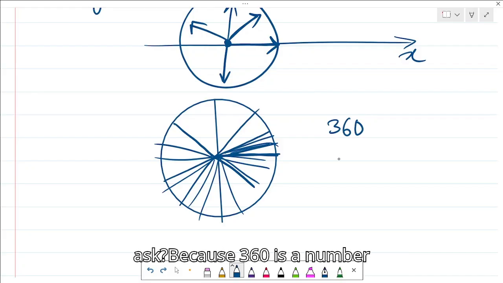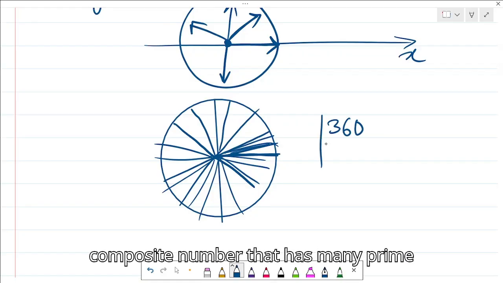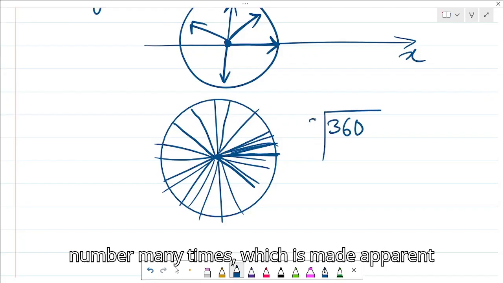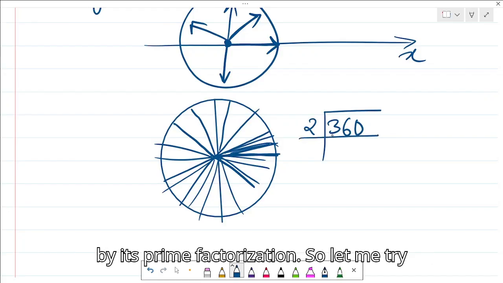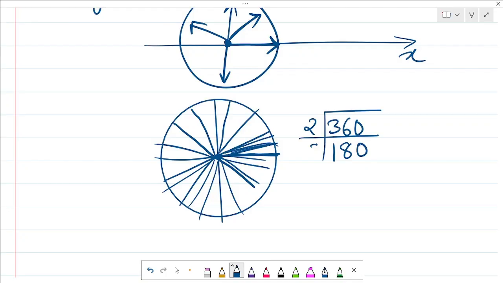Why, you may ask? Because 360 is a number that is very useful. It's a composite number that has many prime factors. So you can easily divide this number many times, which is made apparent by its prime factorization. So let me try to write its prime factorization.